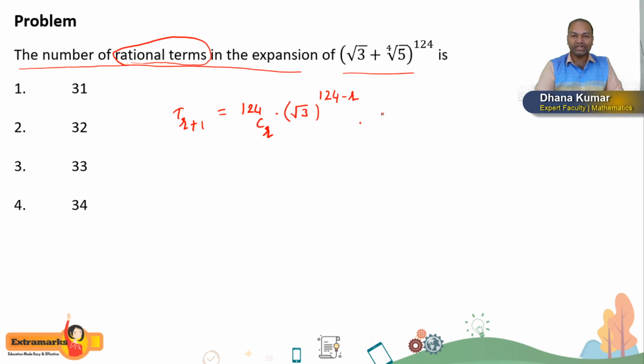What is the second element here? Fourth root of 5. The second element to the power of the lower suffix.